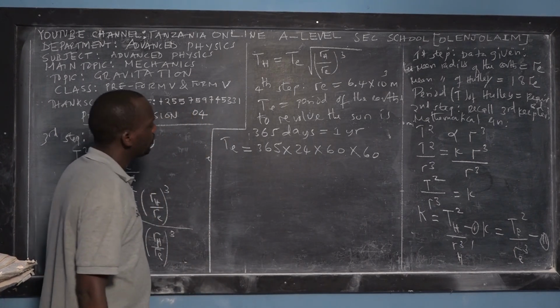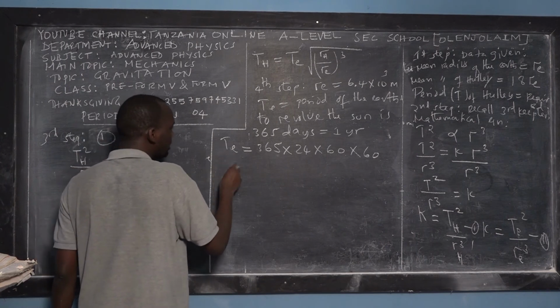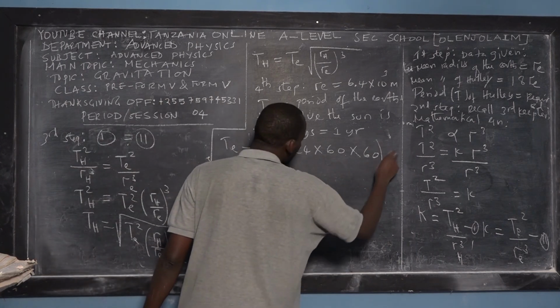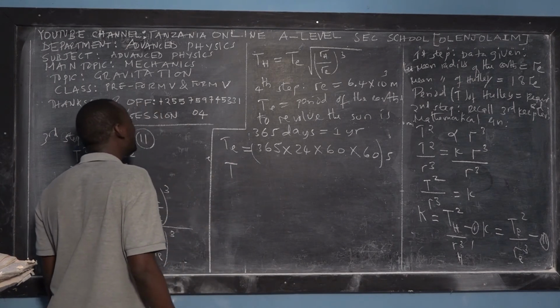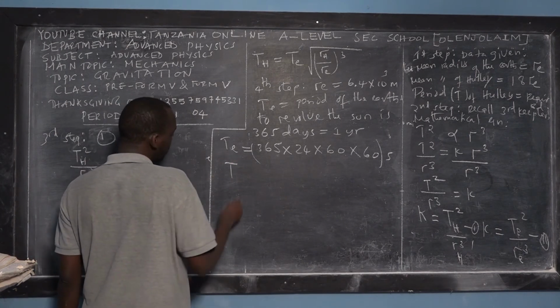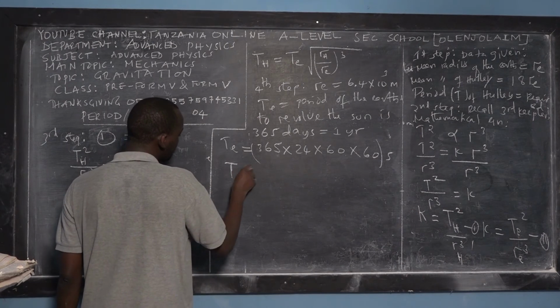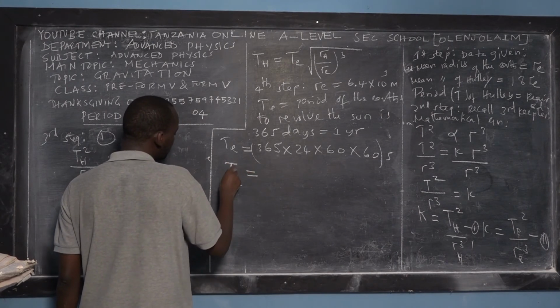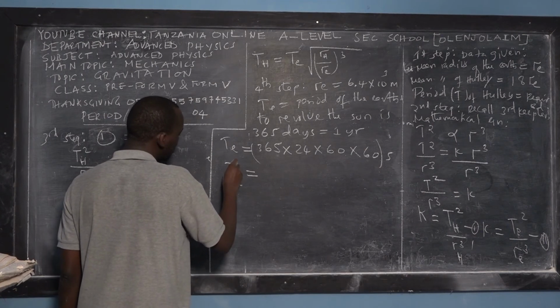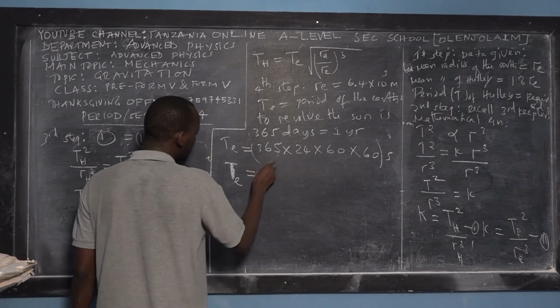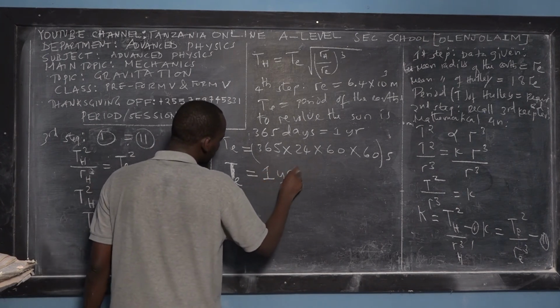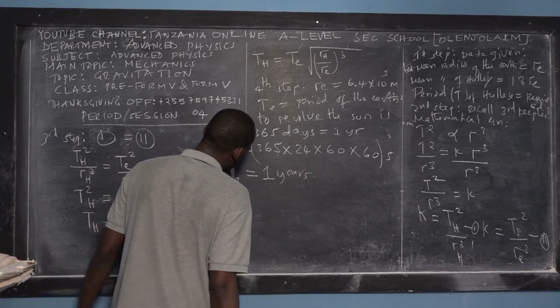Okay. If you want to express everything in seconds, but because this Halley also is going to have a period, you can say period of the S. You can even use 1 year, it's fine, because you're not limited by the question.